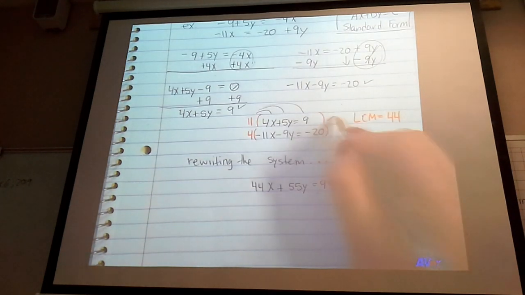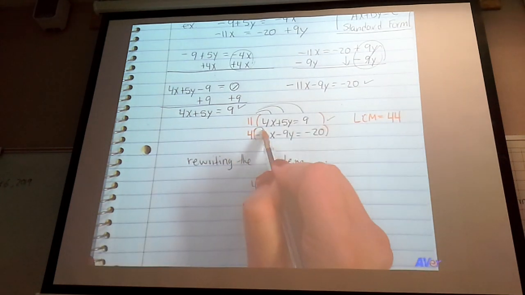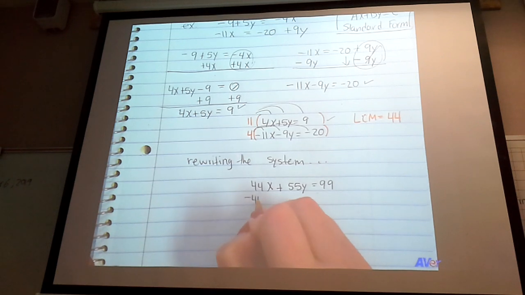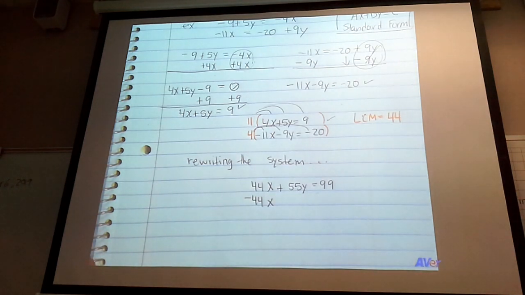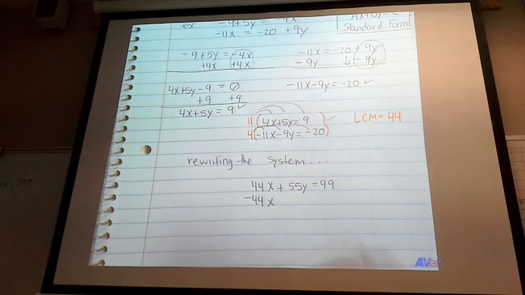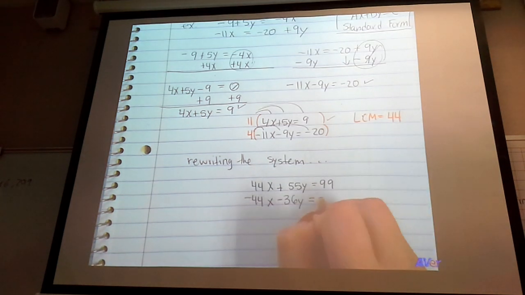Okay, just did this one. If I multiply the 4 into each one of the terms, I get negative 44x. There we go. Now we have the same number, opposite signs. 4 times negative 9 is going to be a negative 36y equals a negative 80.